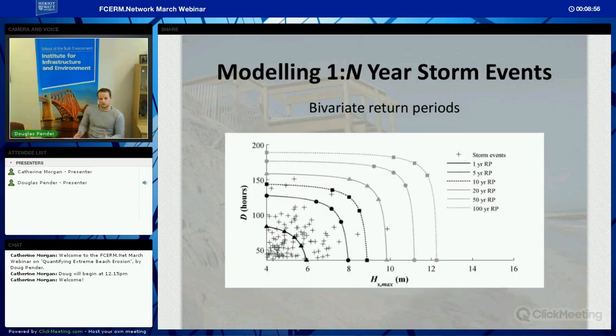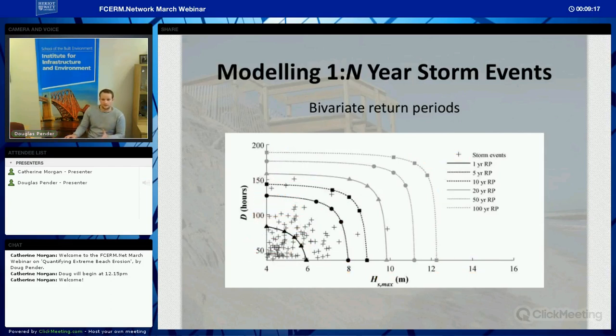So the next step then is to go back to your empirical storm time series and generate bivariate dependent return periods for each storm event. So a 1 in 100 year storm is not necessarily just a 1 in 100 year wave height. It has to take into account the duration as well.